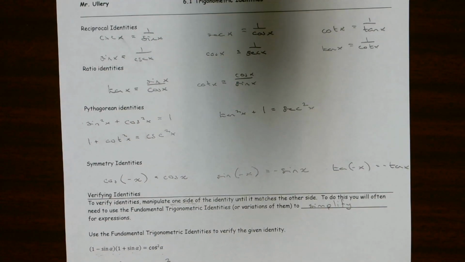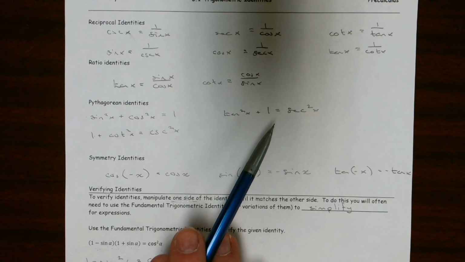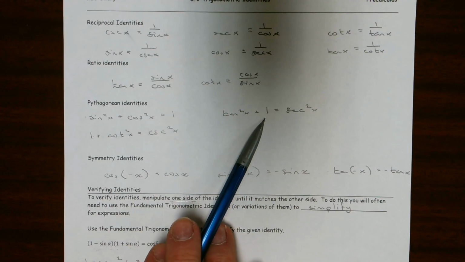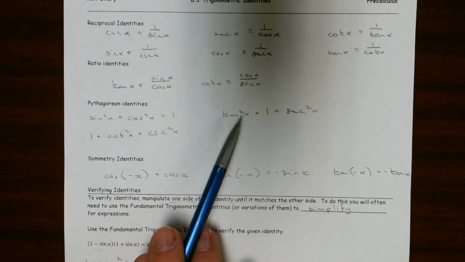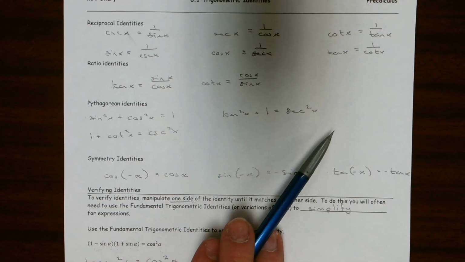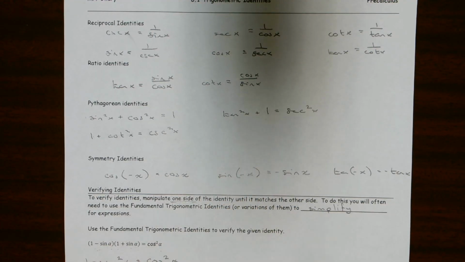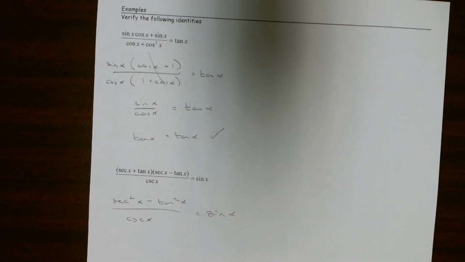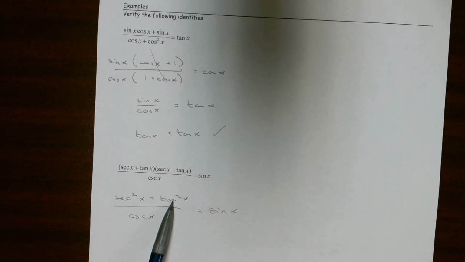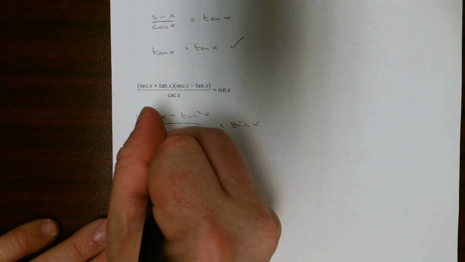So if we look for a Pythagorean identity that's got both secant squared and tan squared, our eyes go here. And notice if we move the tan squared over, we end up with secant squared minus tan squared is equal to 1. So we can go ahead and make that substitution.